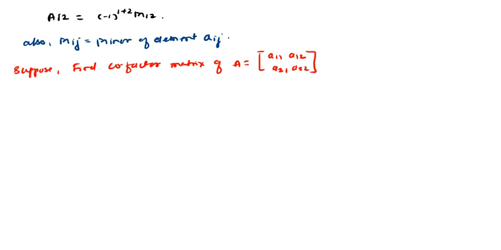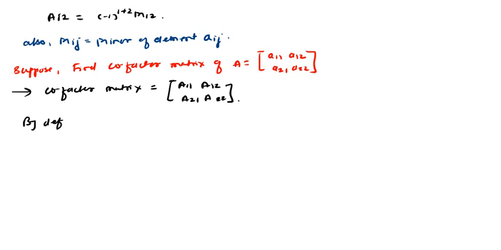As I told you, the cofactor matrix of this matrix A will be capital A11, capital A12, capital A21, capital A22. By definition, Aij is minus 1 raised to i plus j into Mij, where Mij is the minor of the element aij.